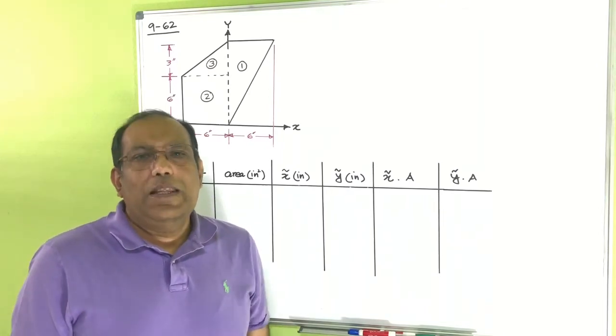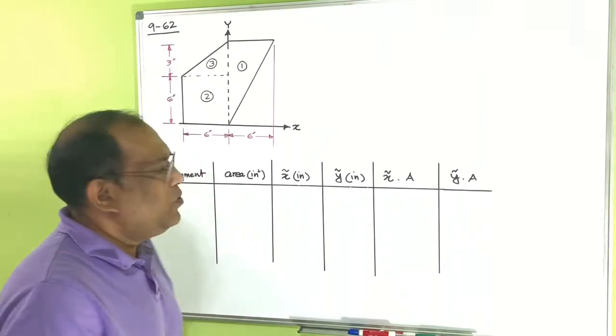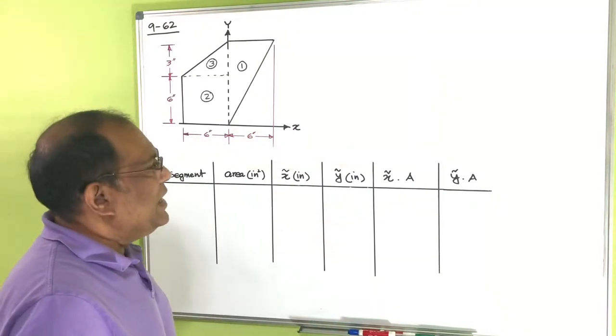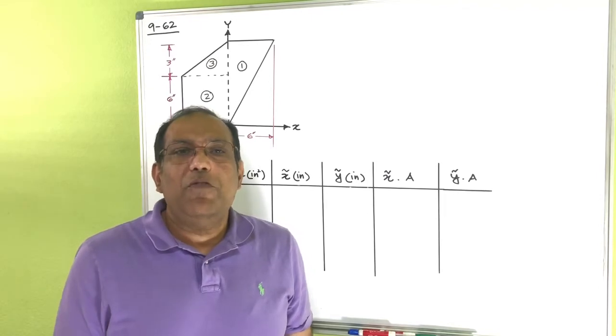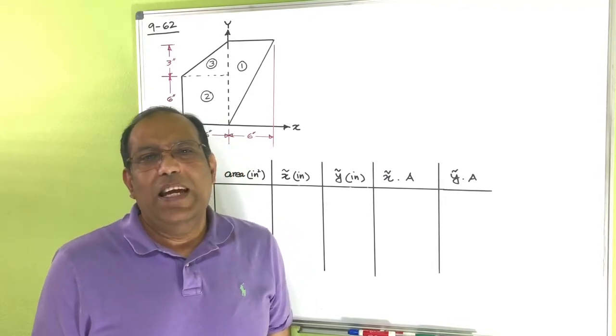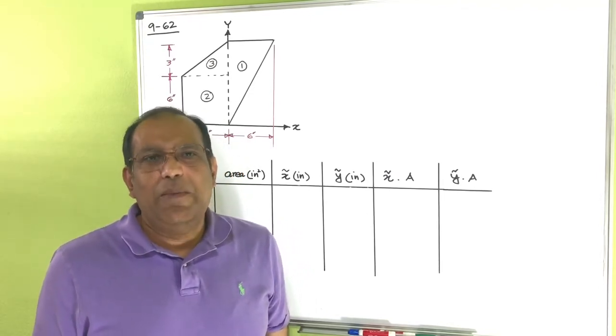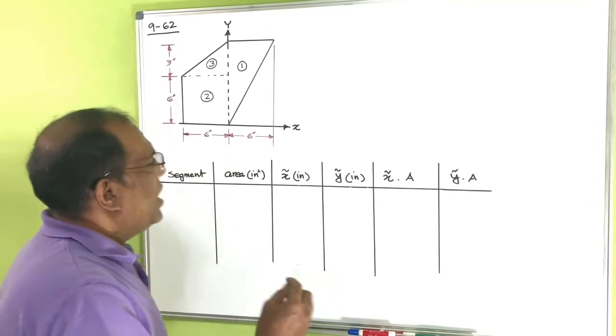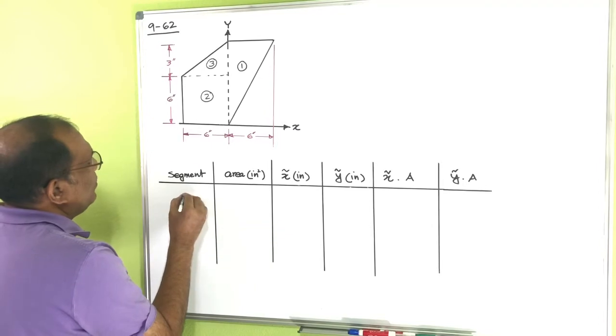Now at the beginning I'll just try to make a table like that. Once you are more familiar, then you don't need that table anymore. But at the beginning that would be very, very helpful. So let's start with segment 1.